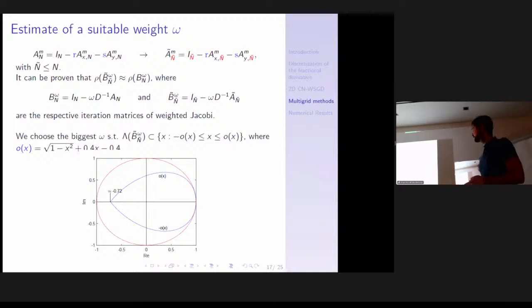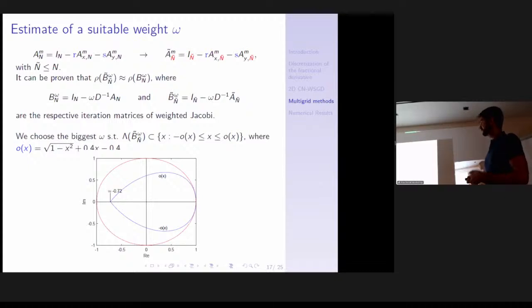And we came up with this strategy. This is our original linear system. We discretize the linear system over a coarser grid n tilde, while keeping the same scale factor as before. And we compute the iteration matrix of Jacobi.